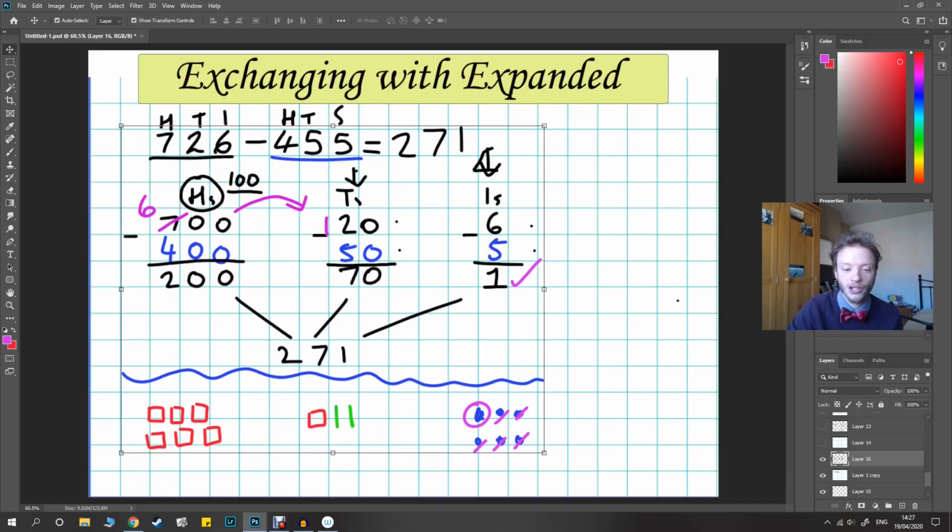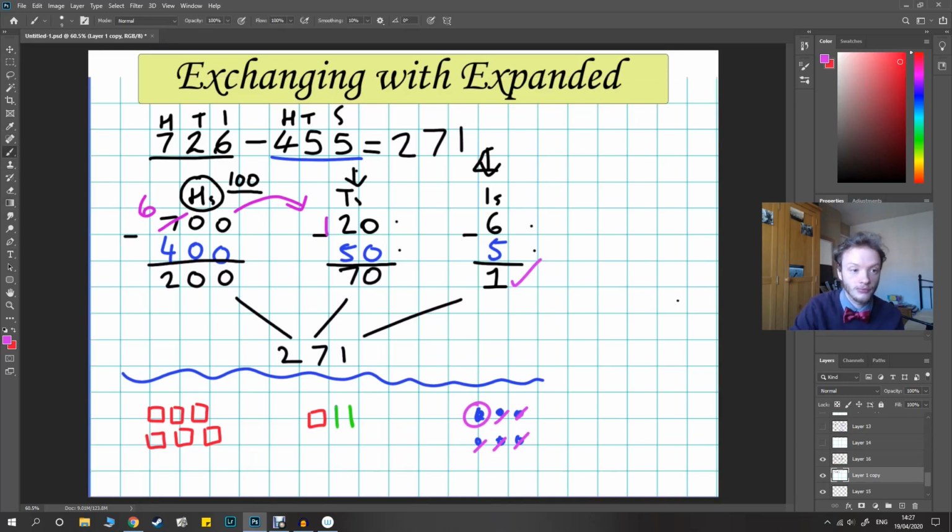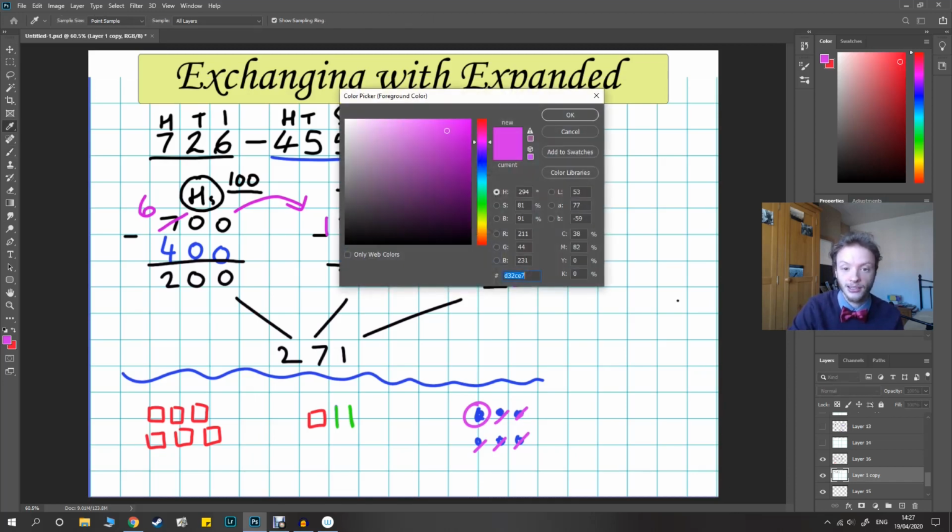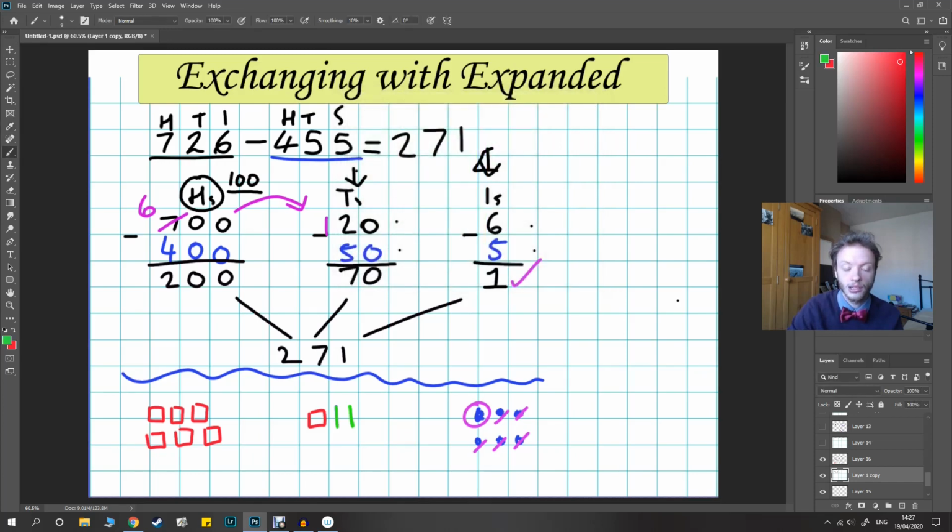Of course, it's not much help if you're working in Dienes to have it as the 100 and the 2 tens, so you're going to break it down. I know that 10 tens are in 100, so I've got to add 10 tens. So that's 1, 2, 3, 4, 5, 6, 7, 8, 9, 10. I can then take away quite easily.